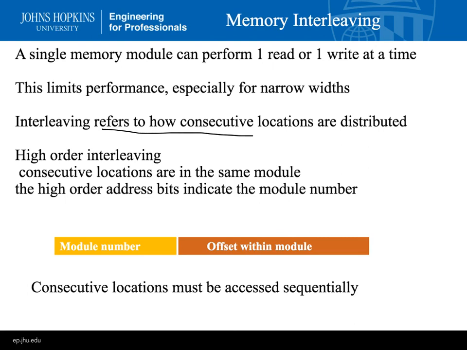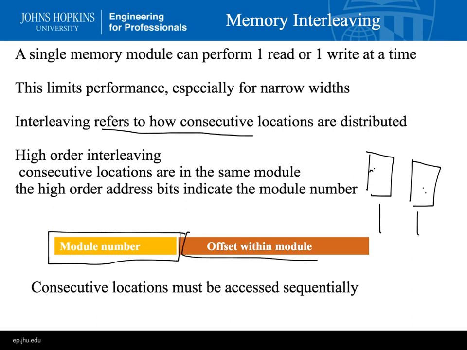So if we're going to have multiple modules, we can split it into modules, and perhaps we could read 2 modules at the same time if we had the right communication. So how would we decide what goes into what module? High order interleaving has consecutive locations in the same module. So the upper bits are the module number and the lower bits are the offset.